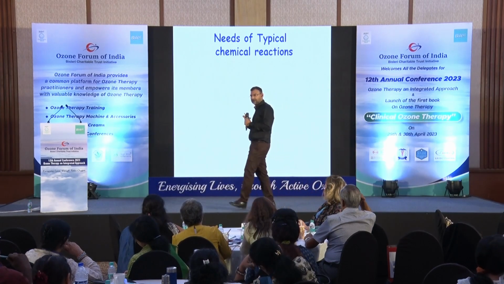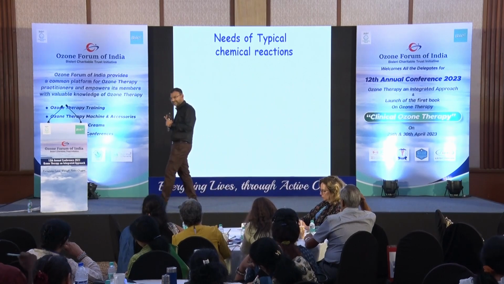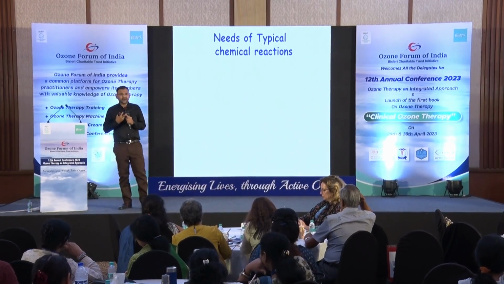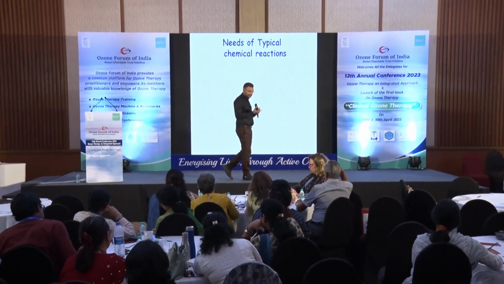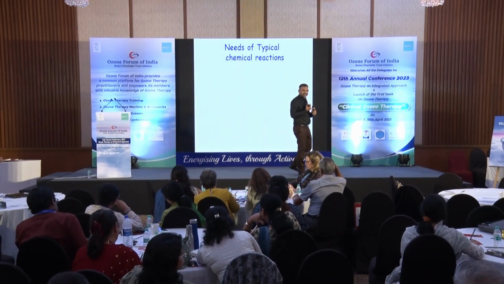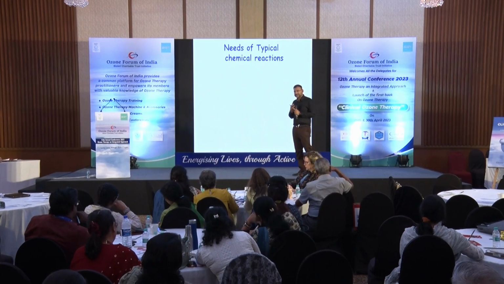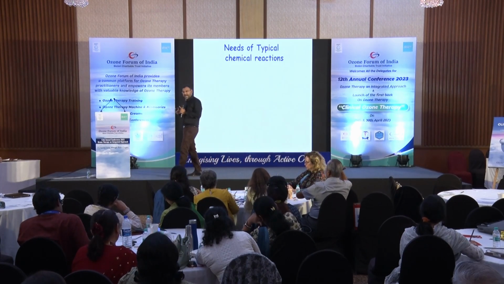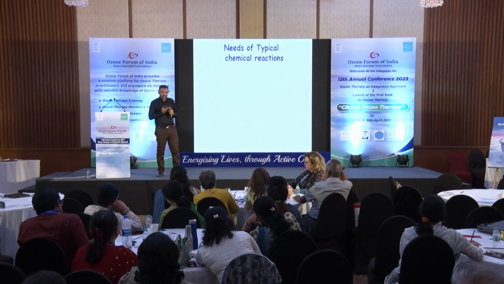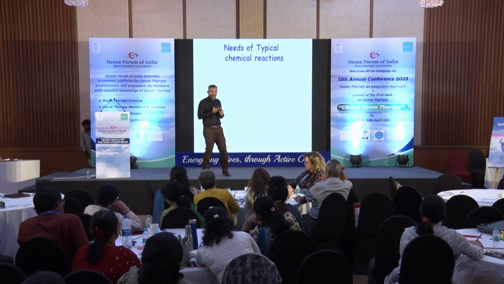Caprylic acid, what is the importance of caprylic acid? Caprylic acid is nothing but your MCT, medium chain triglyceride. Now, this medium chain triglyceride kills most of your candida in the gut and helps in the production of fungal diastase, what we were talking about, right?